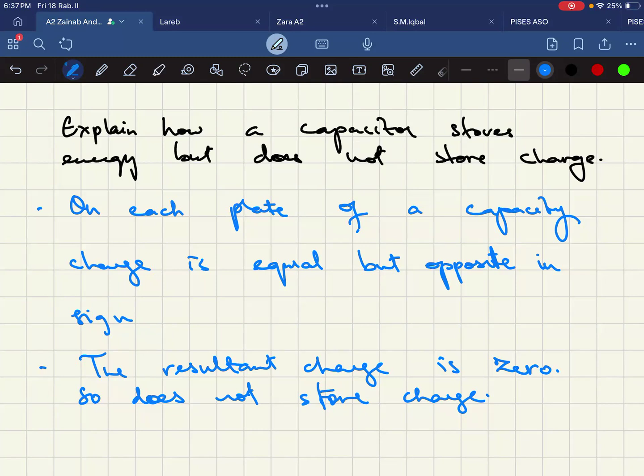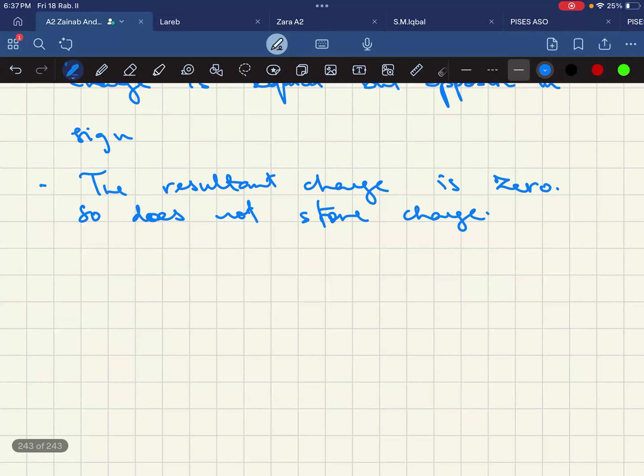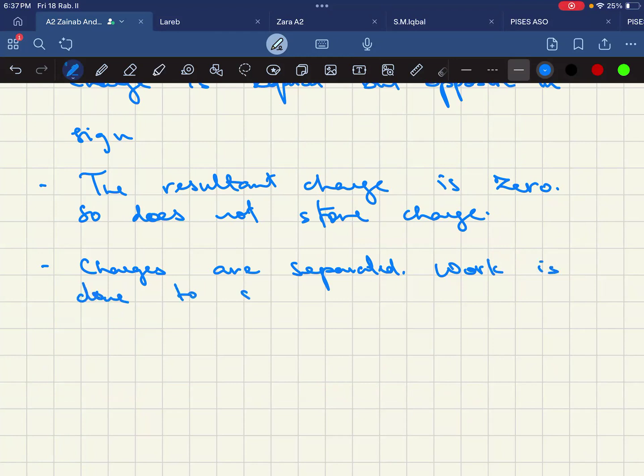Now we have to explain why we say that a capacitor stores energy. Charges are separated, work is done to separate charges, so energy is stored.